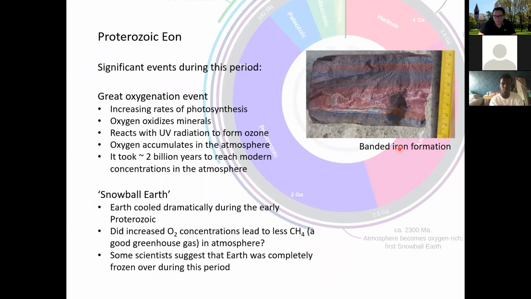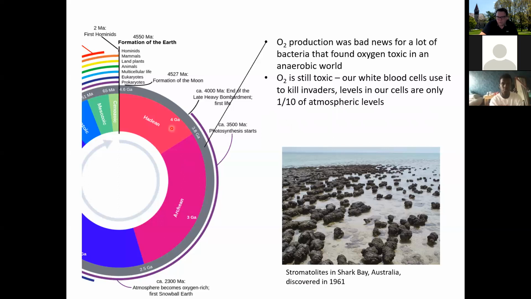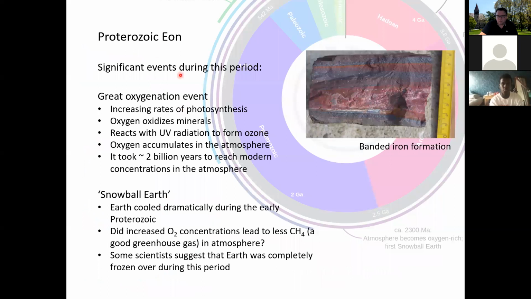So at this point, I'm going to take a step back to our chart here. We're moving into the Proterozoic, which is part of the time where we see pretty significant evolution on Earth, and this is part of the Great Oxidation Event. So even though we had these banded iron formations, we see continued increases in oxygen, implying increasing rates of photosynthesis.